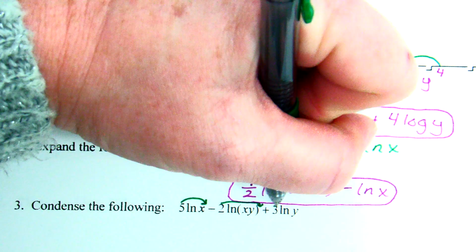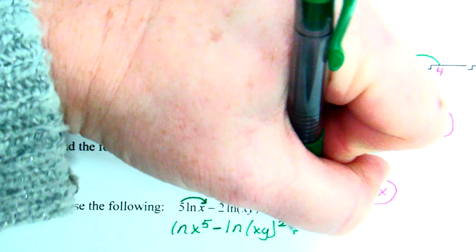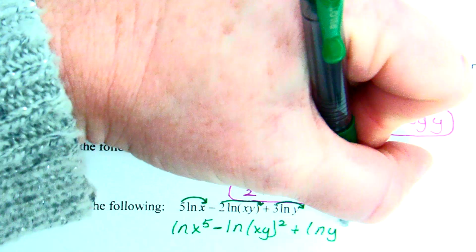So 5 natural log of x becomes natural log of x to the 5th, minus 2 natural log of xy becomes natural log of quantity xy raised to the 2nd, plus 3 natural log of y becomes natural log of y to the 3rd.